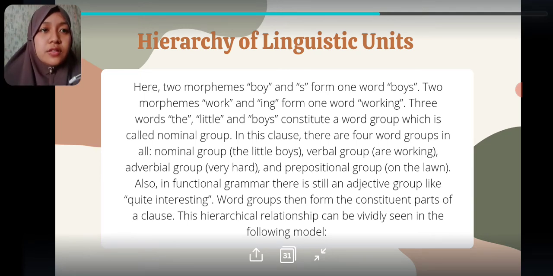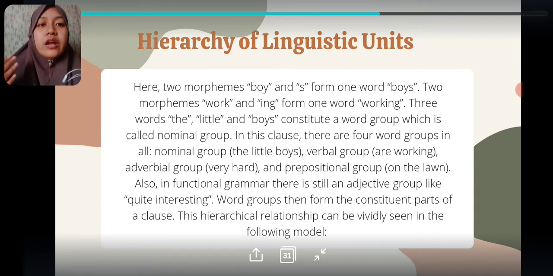In this clause, there are four word groups in all: nominal group, the little boys; verbal group, are working; adverbial group, very hard; and prepositional group, on the lawn. Also, in functional grammar, there is still an adjective group, like quite interesting. Word groups then form the constituent parts of a clause.